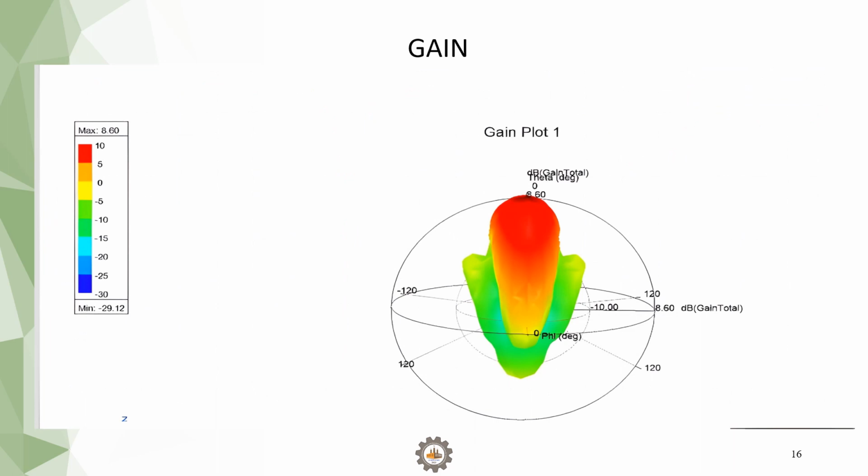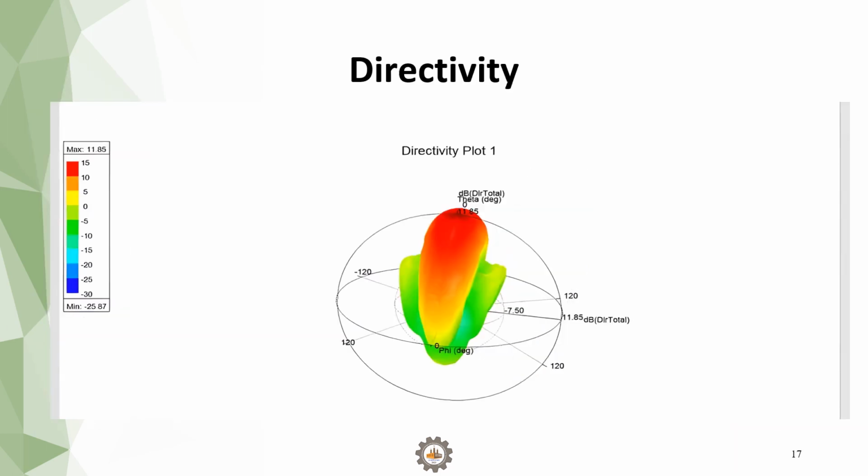The gain of the antenna is 8.60 and the radiation pattern is as shown. Similarly, the directivity of the antenna is 11.85 and the radiation pattern of the directivity is shown.